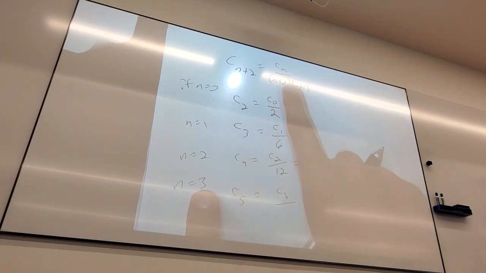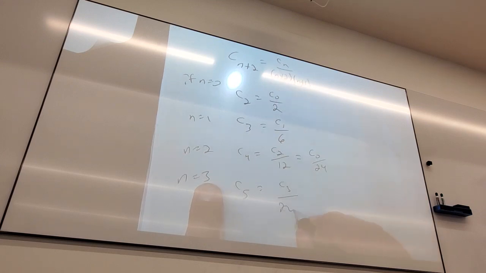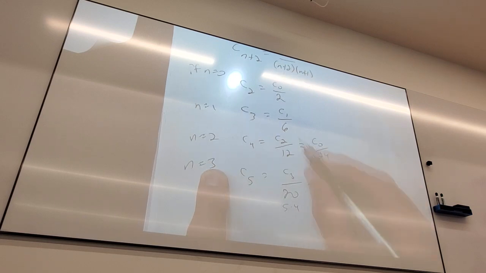So what do you get there? 20. But what was C3? C1 over 6, so I get C1 over 5 times 4, and 6 is 3 times 2. Either way, I got C1 over 120.